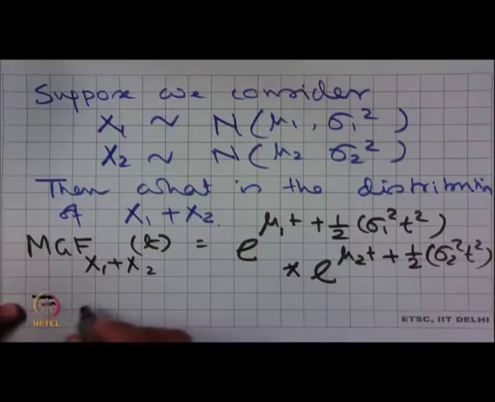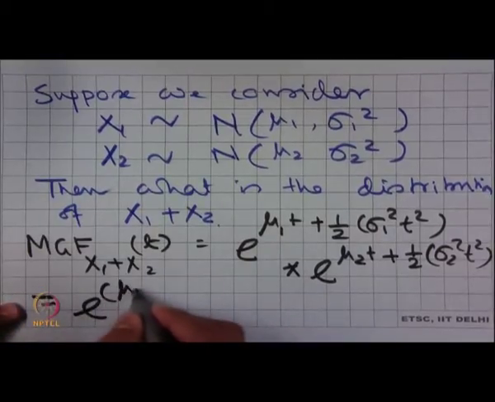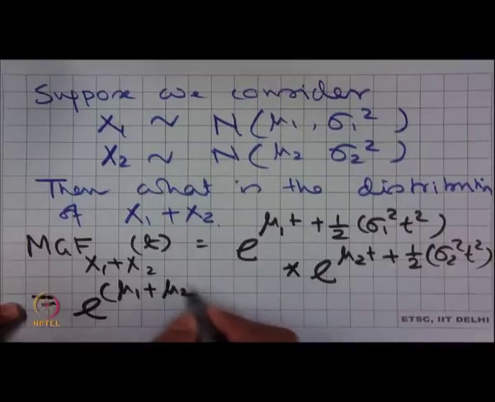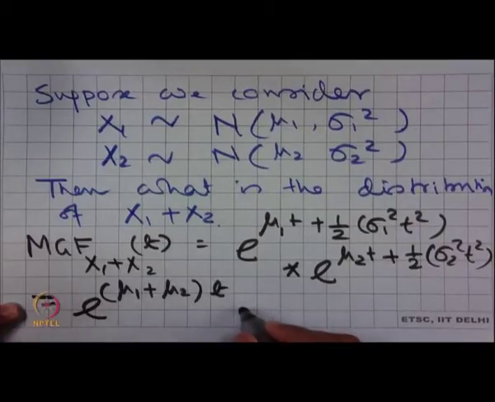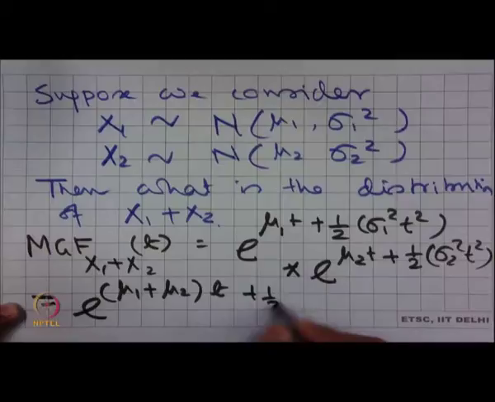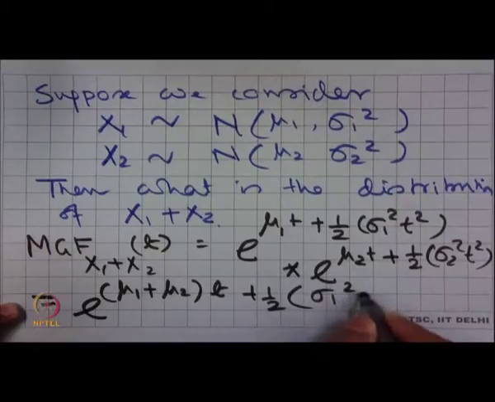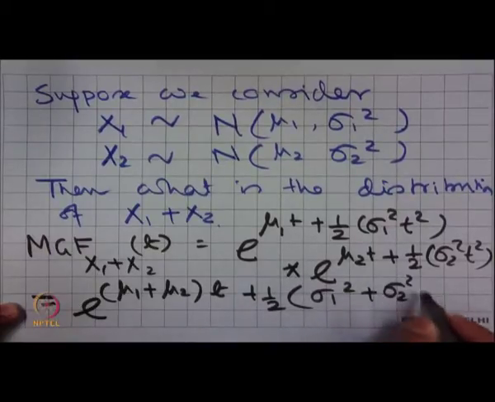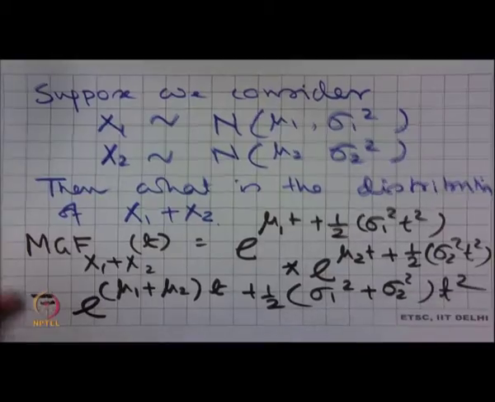Therefore, this is equal to e to the power mu 1 plus mu 2 t plus half sigma 1 square plus sigma 2 square into t square.